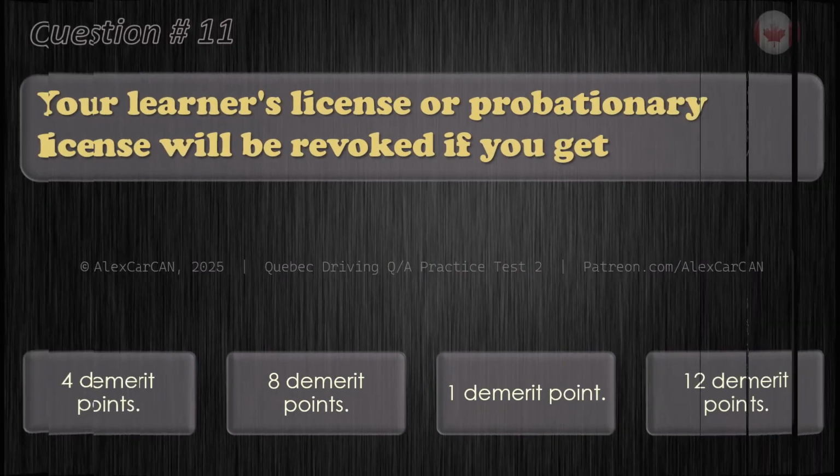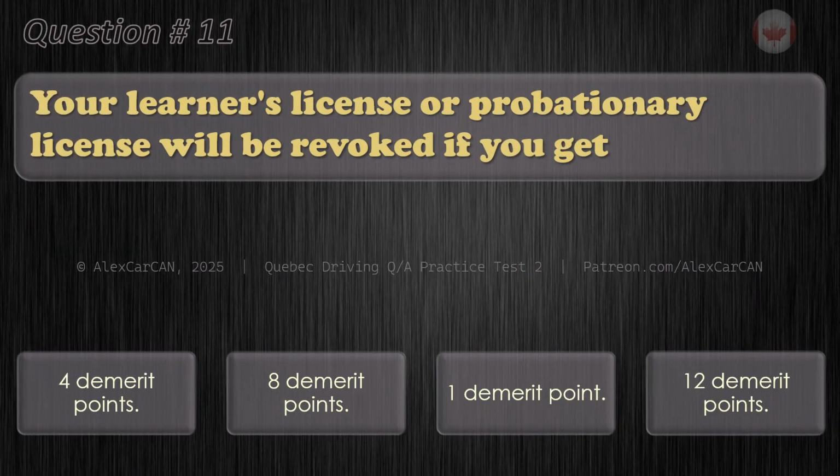Question number 11. Your learner's license or probationary license will be revoked if you get 4 demerit points, 8 demerit points, 1 demerit point, 12 demerit points. The correct answer is 4 demerit points.